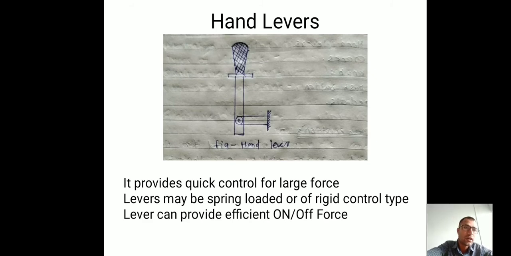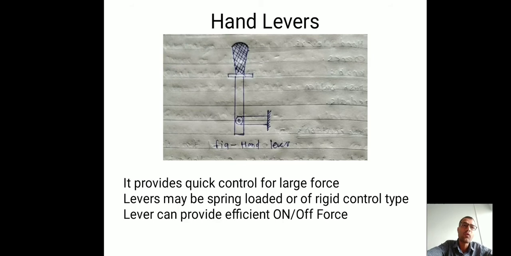The diameter of this hand lever should be proper. While working, it should be easily grippable. Means while holding, grip should be proper. Means it should be easy to operate. Likewise, we have to design.